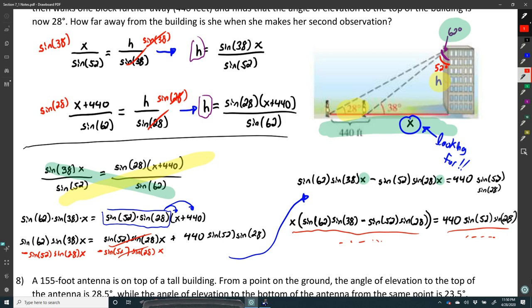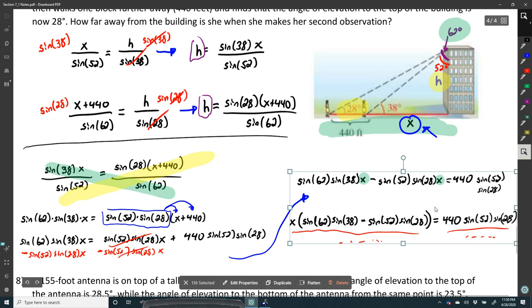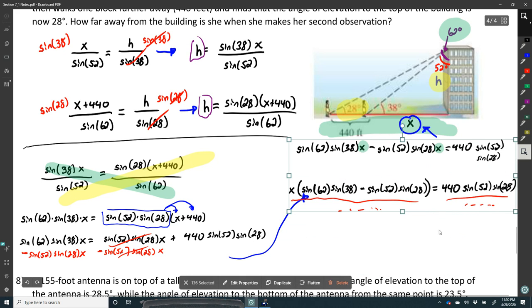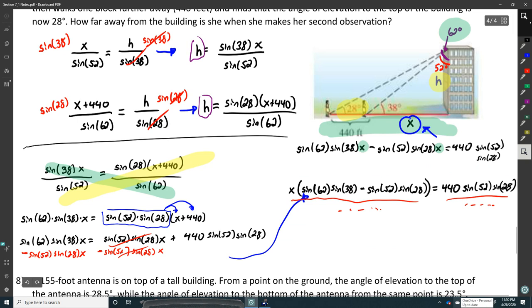And so my final answer, look at all that empty space that I left for that looking for thing, just taking up all that space that I could be using. Okay, so after you divide by all of that, you get your final answer.